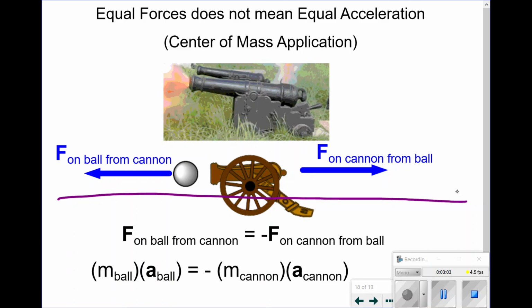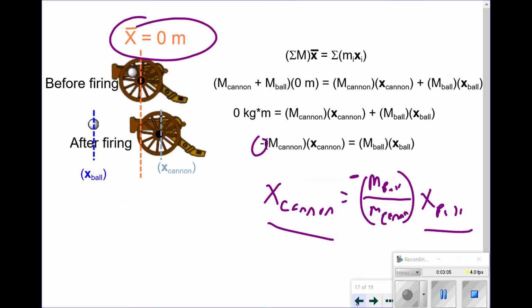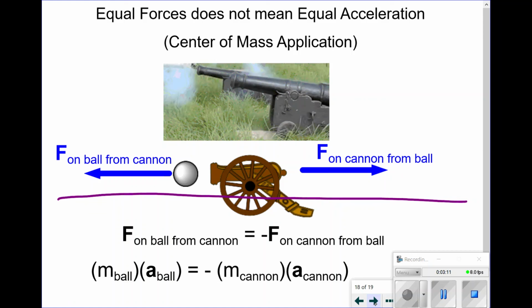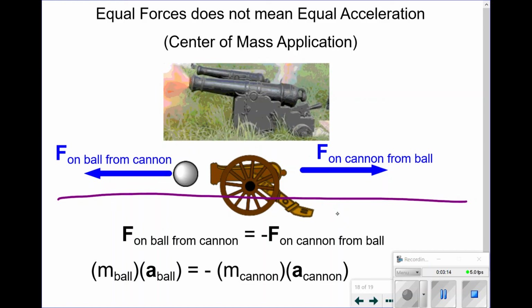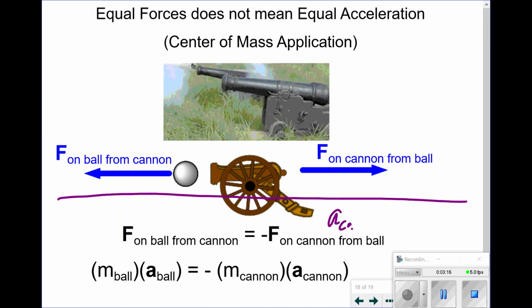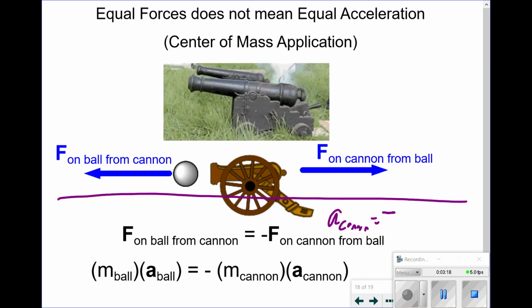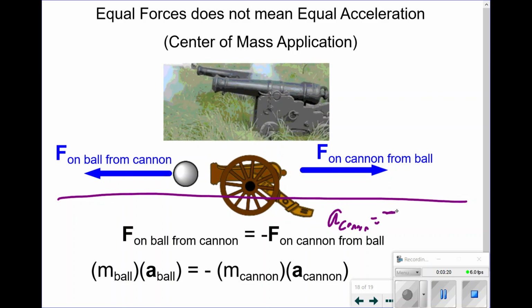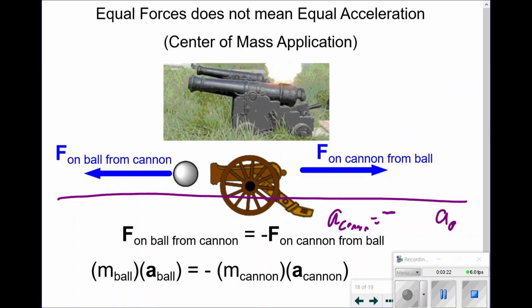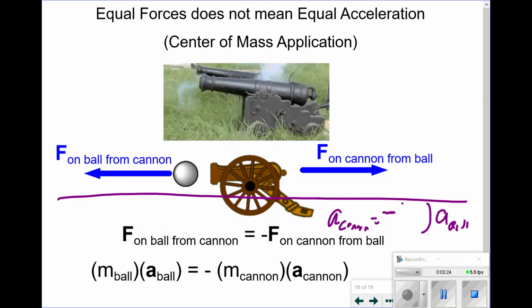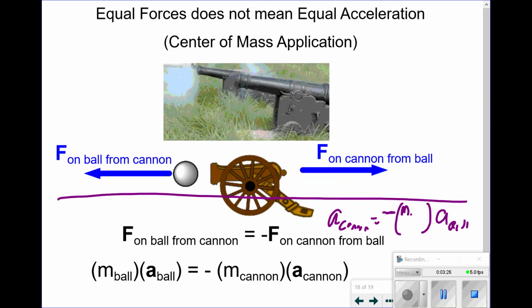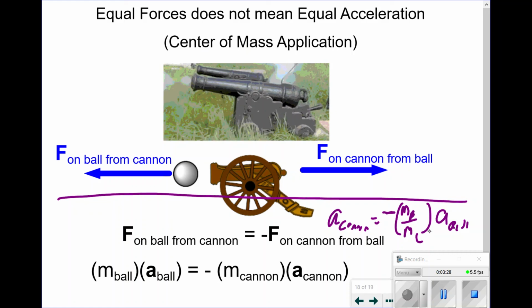Again, we can set up a very similar equation to what we have here, where in the end, the acceleration of the cannon would be the negative of the ball times the ratio of the mass of the ball over the mass of the cannon.